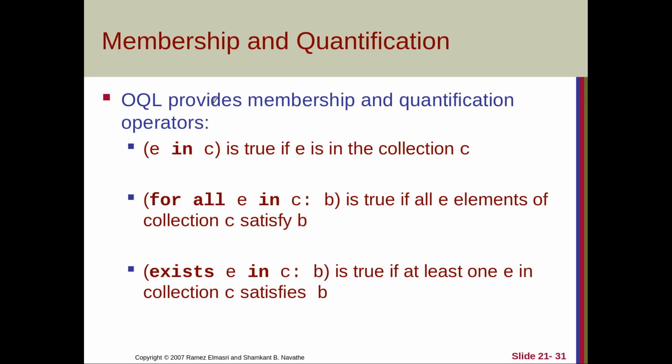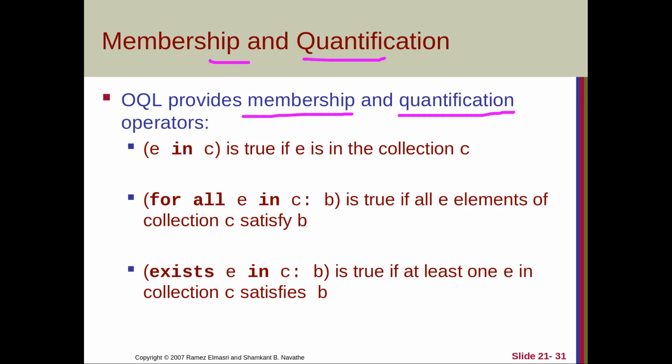Now another concept is membership and quantification. OQL provides membership and quantification. I hope you are familiar with these two terms. Membership means something is a member of some other group. Quantification is like there exists or for all.